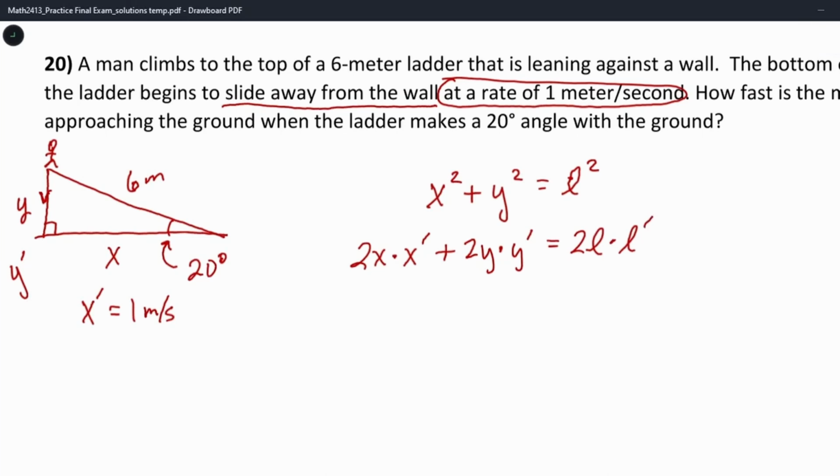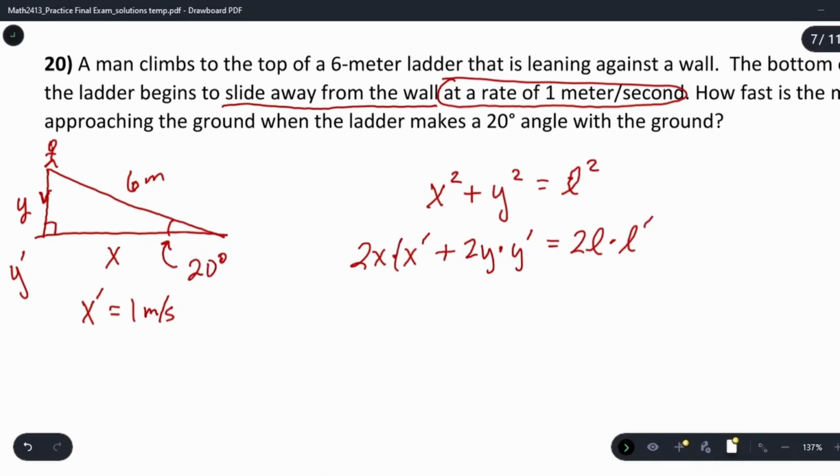And then we're going to plug in for the pieces we know. We know that x prime, the rate of change of that side, is 1, and so that will simplify to just 2x. Plus 2y, y prime, I don't know any of those values yet. And the rate of change of the ladder.